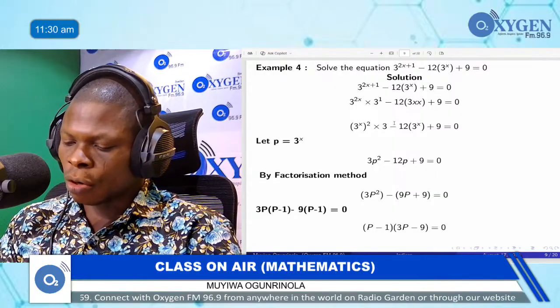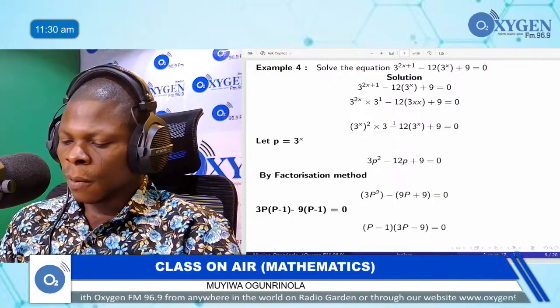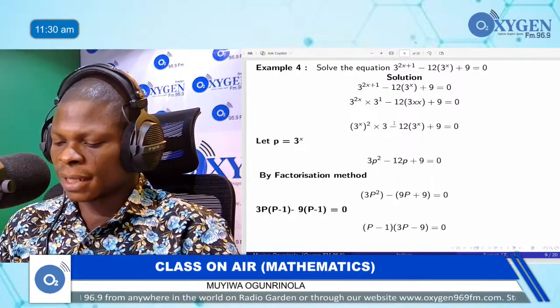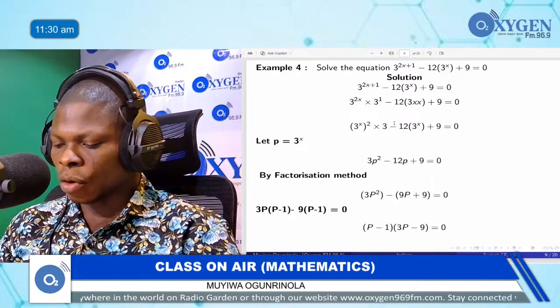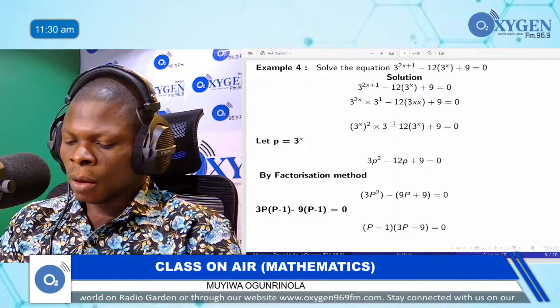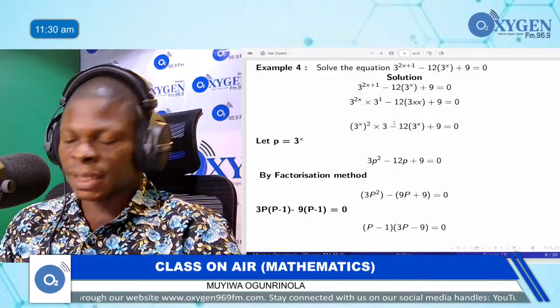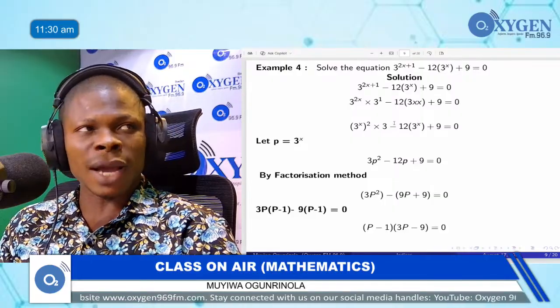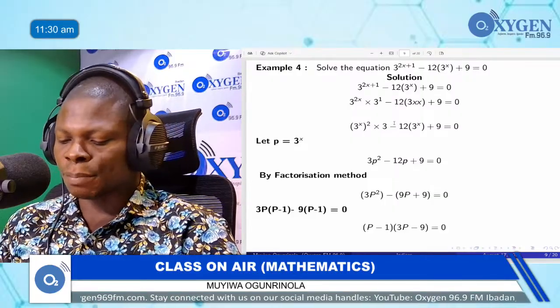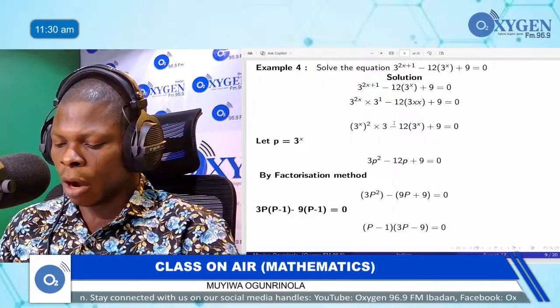Now, minus 12(3^x) plus 9 is equal to 0. We can use any alphabet to represent our 3 raised to power x, but here I let p be equal to 3 raised to power x.